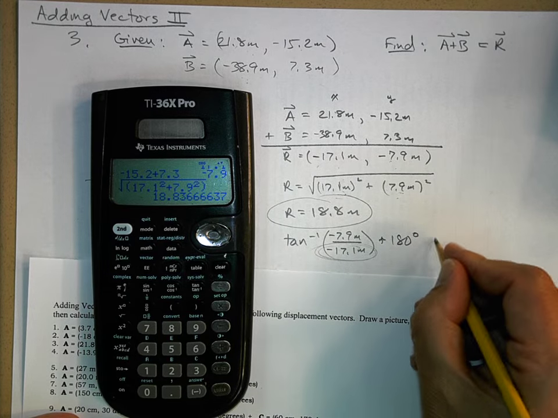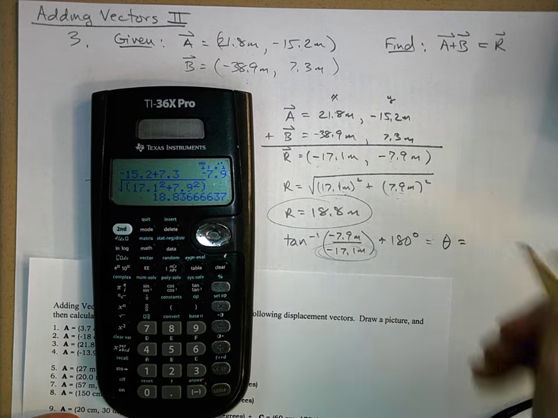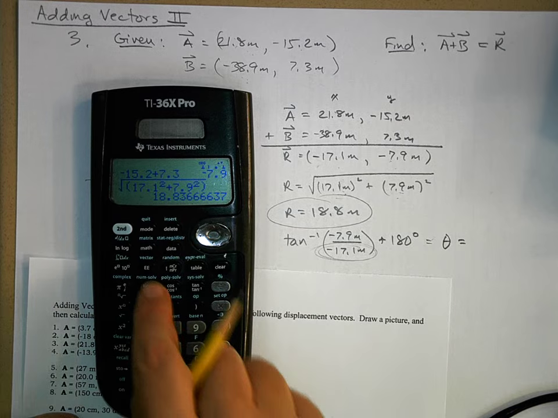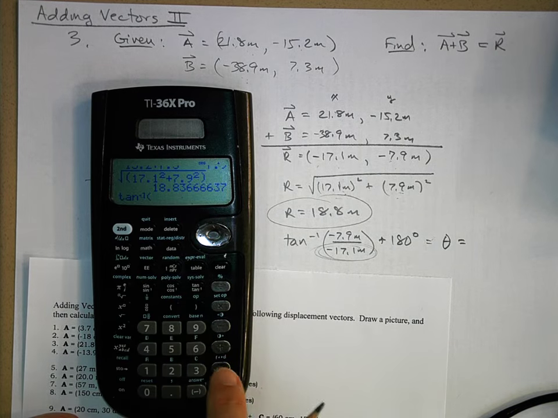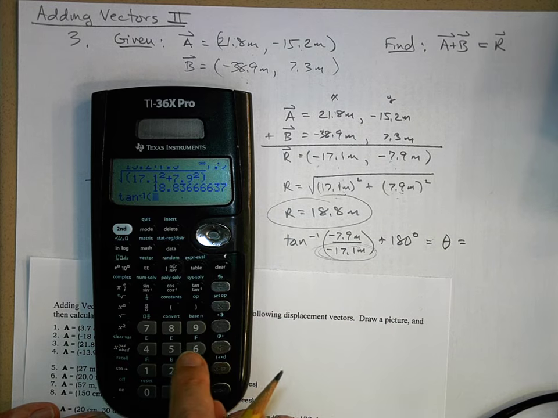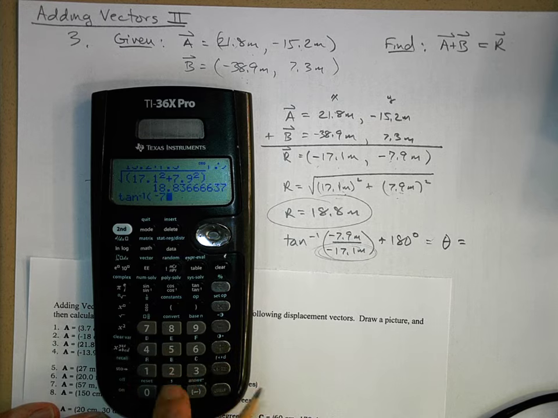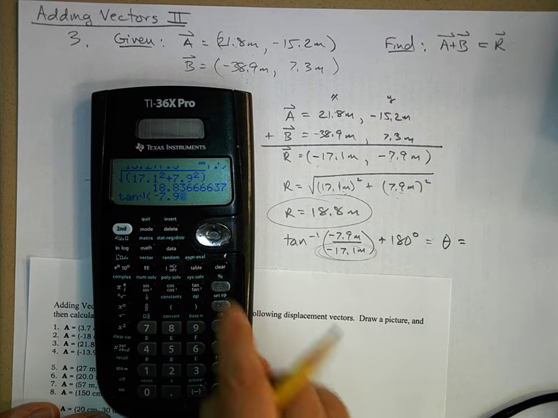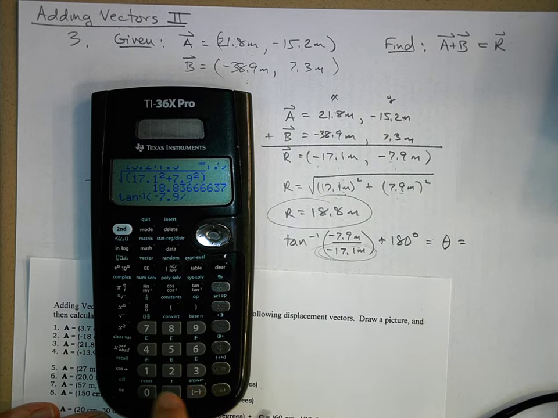So theta is tangent inverse of negative 7.9 divided by negative 17.1.